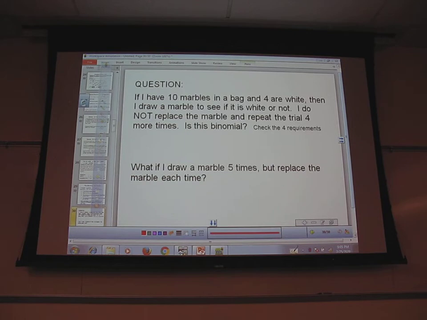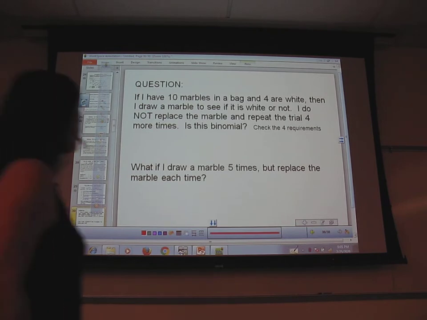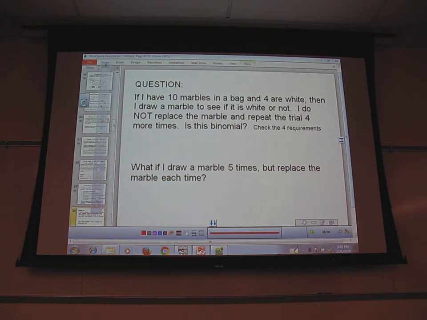Yes, two outcomes. Yeah, so we don't know. If it's only one other solid color, then it would work for the two. So check the core requirements and see if it matches them.